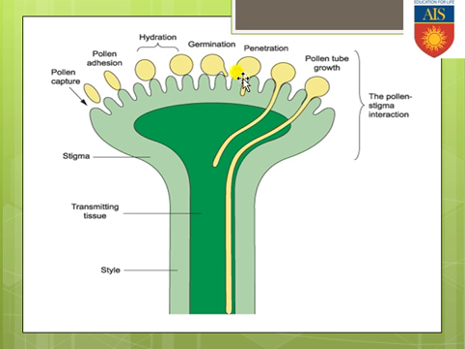Next, the pollen tube starts penetrating the upper cuticle layer of the stigma and enters the female reproductive tract. You can see the pollen tube has entered the female reproductive tract, and it starts growing towards the ovary, and this is the pollen pistil interaction happening on the surface of the stigma. So let's see the elaborate interaction between this pollen grain and the stigma surface.